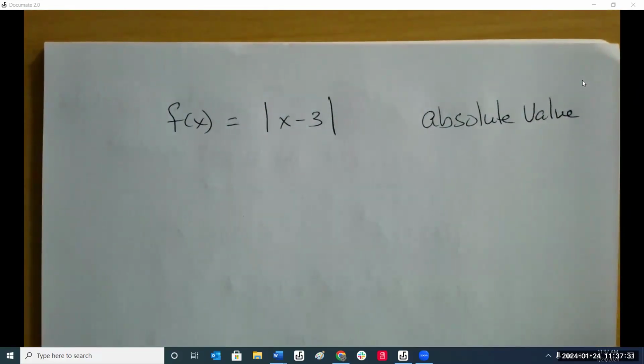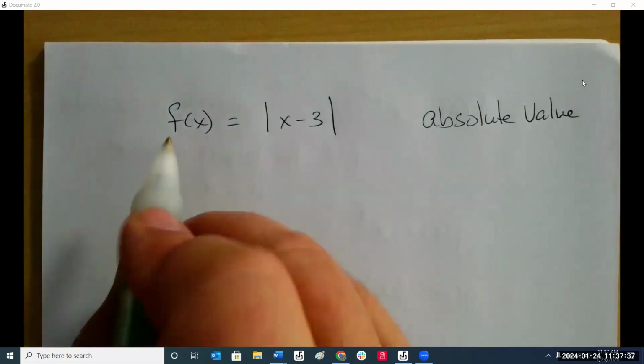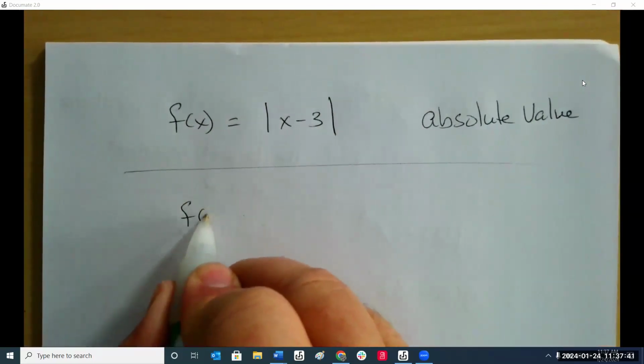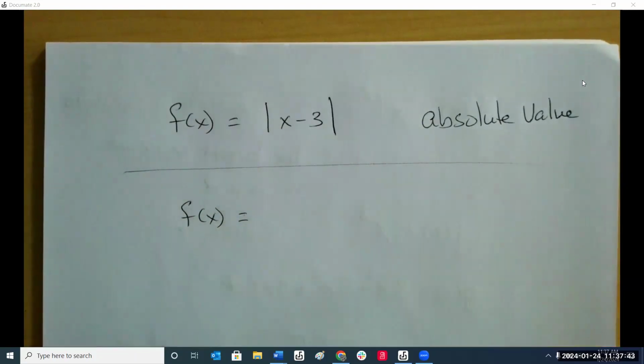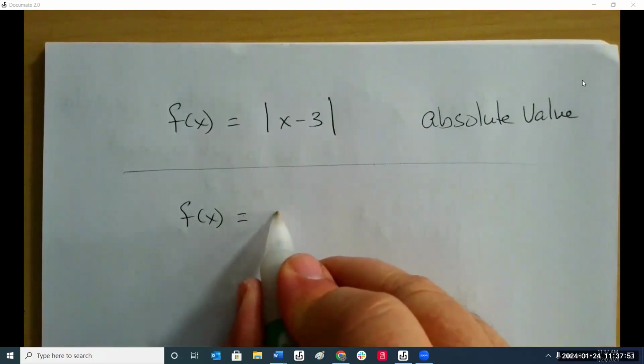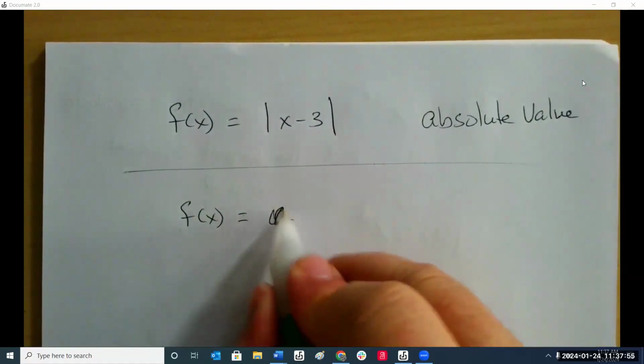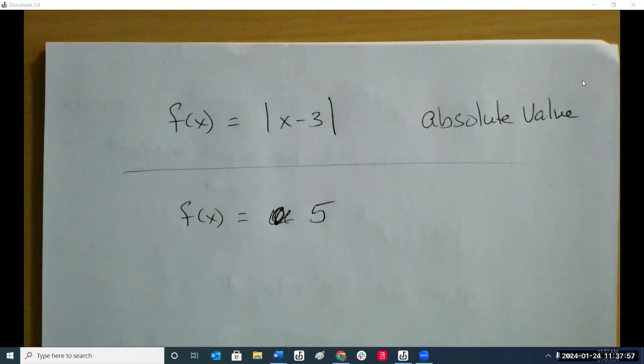It's an absolute value equation. No, it's a number.